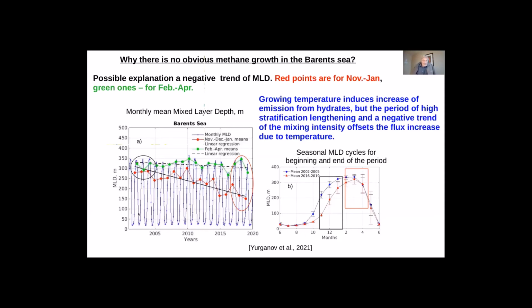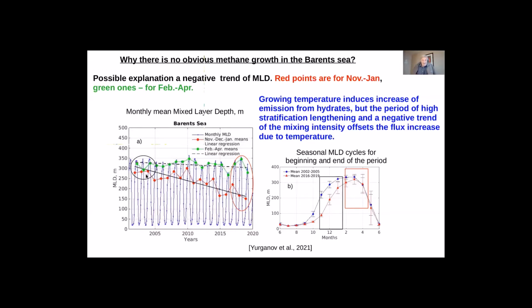These are seasonal variations of MLD from summer to winter, and if we look especially at November, December, January, it means that during this period of time, the mixing becomes less and less.